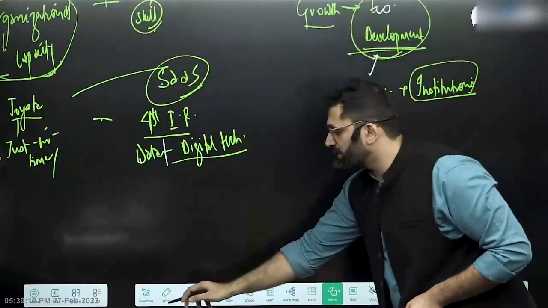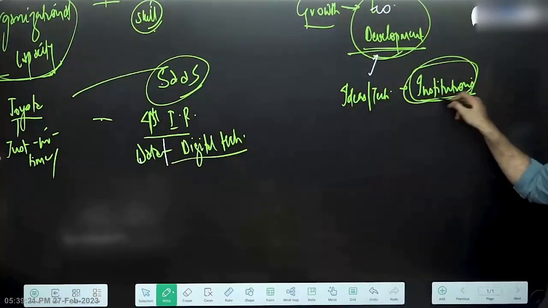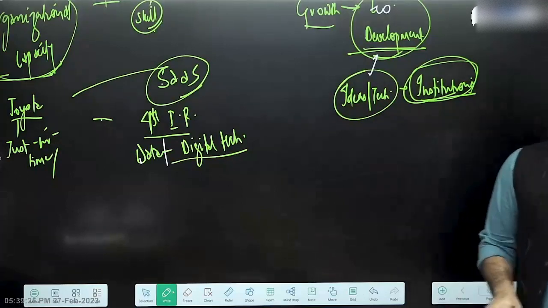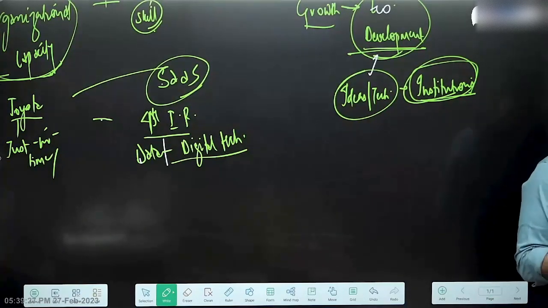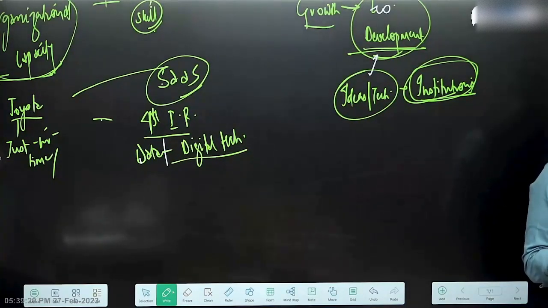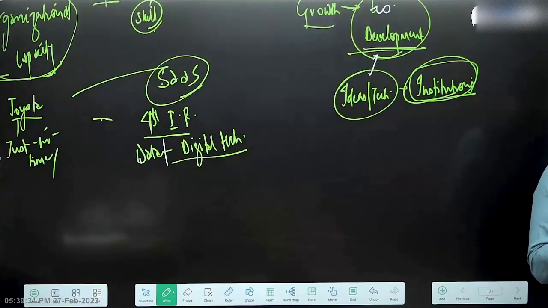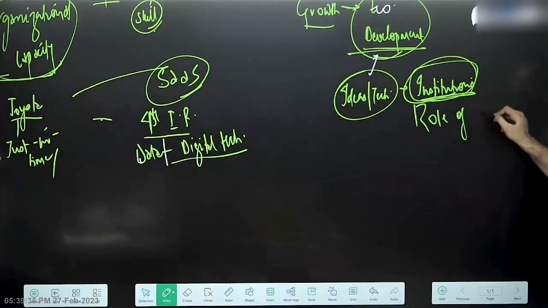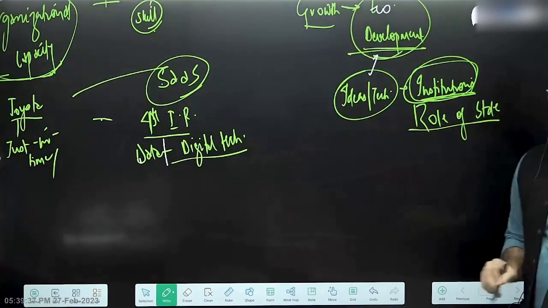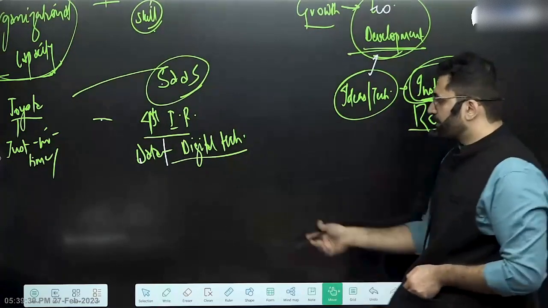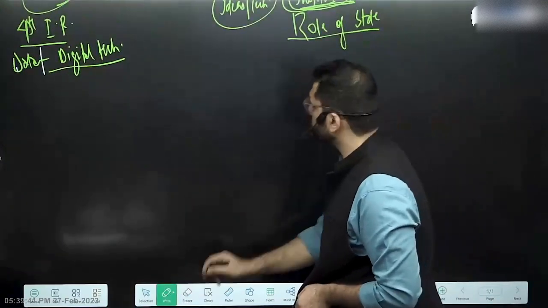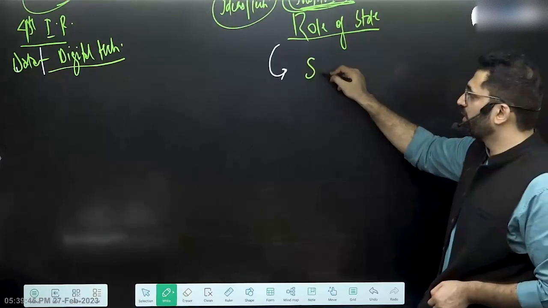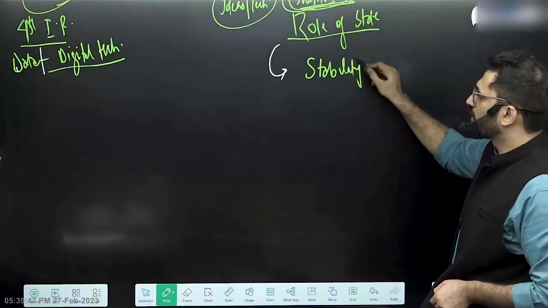What exactly is the role of institutions? To produce new ideas, that has already come. Stability, in what form? Systematic, how? This is the role of the state. What should the role of the state be? What is the role of institutions? Regulation. What else? See, the first form of the institutions is to provide certain stability.